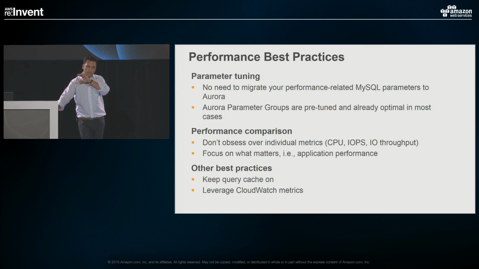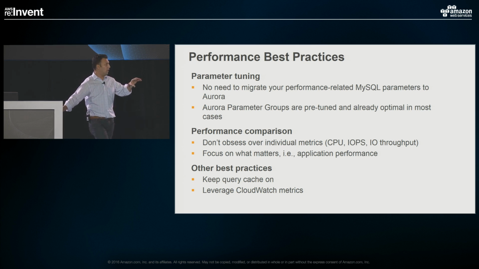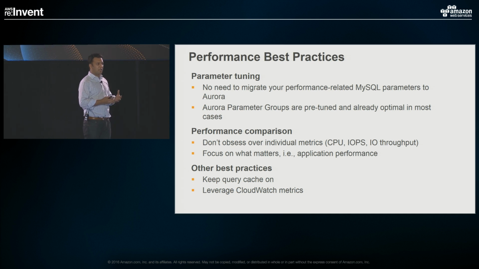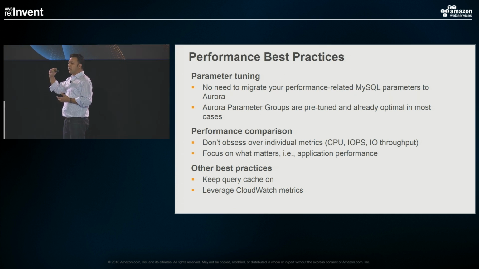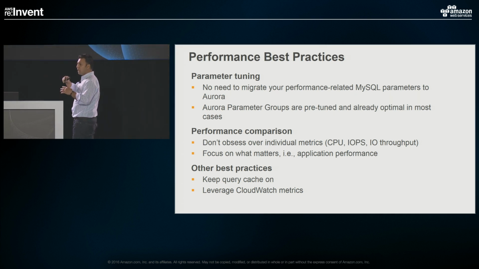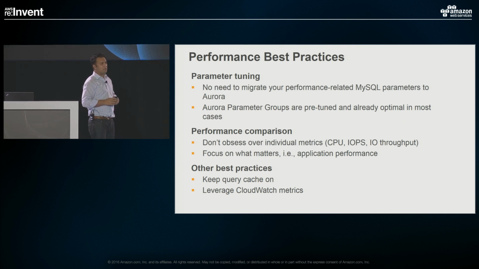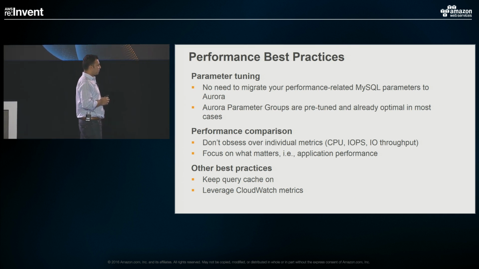And that's because of the engine layer changes and the infrastructure layer changes that we have done in Aurora. So when you start an Aurora database, use the default parameters, and chances are you won't have to change those parameters. Of course, you can enable and disable certain features like bin log and all that using those parameters, but try not to change the performance-related parameters too much.